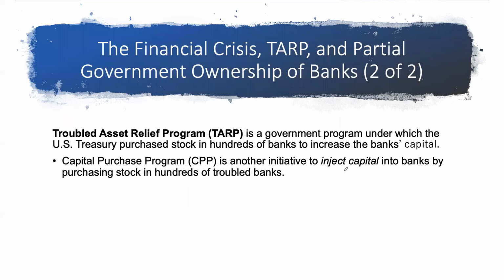So we've already talked about this before, but the response from the federal government was to launch this massive rescue program of the financial system, which was called the TARP, which is the Troubled Asset Relief Program.